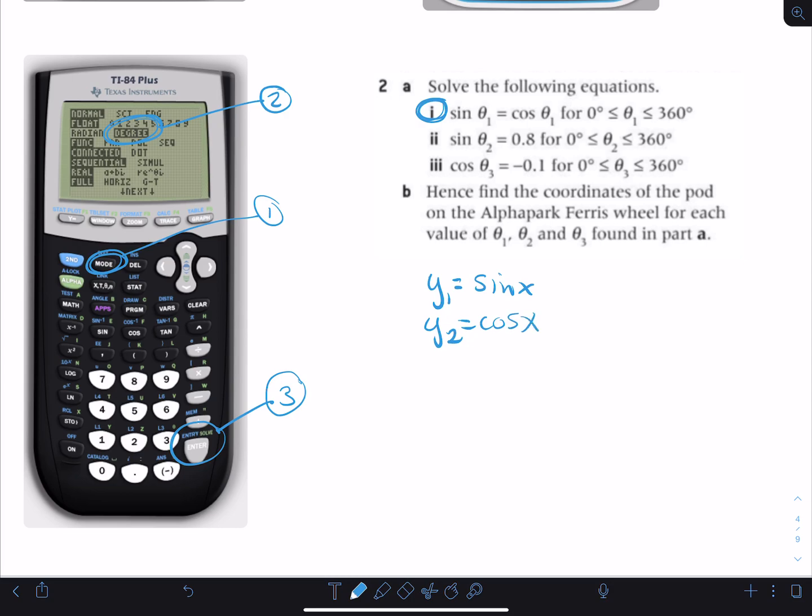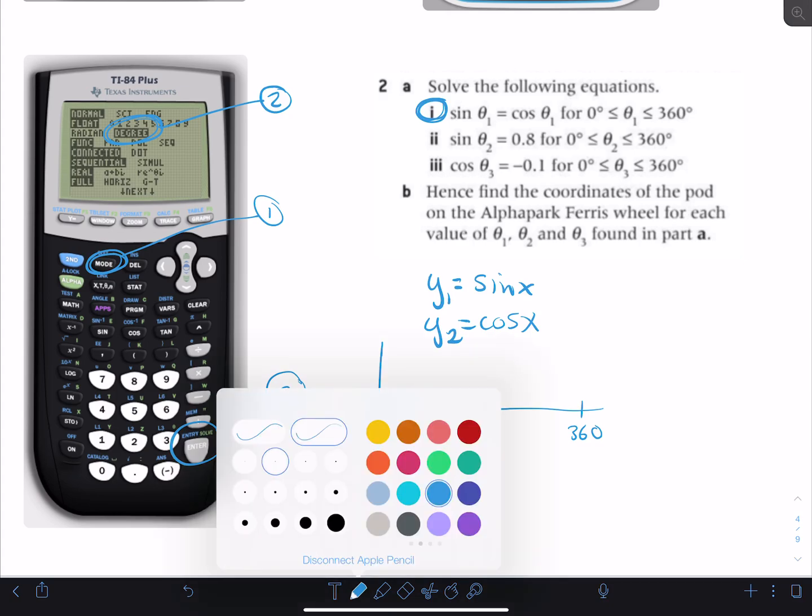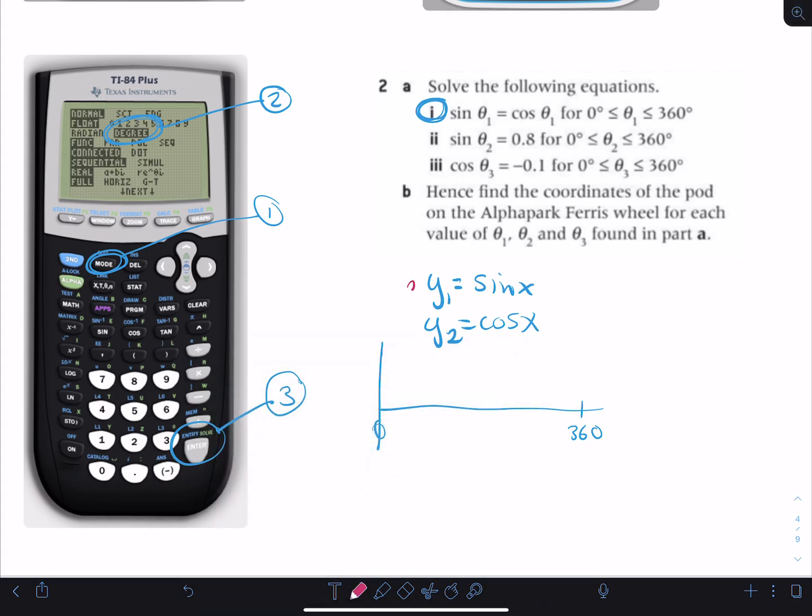So when they meet. Okay, without even going to the graph right away, remember, you're going from 0 to 360. Remember what sine looked like? So let's color code these. I'm gonna make that one red here.